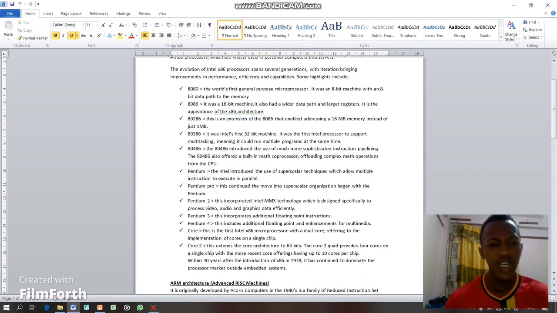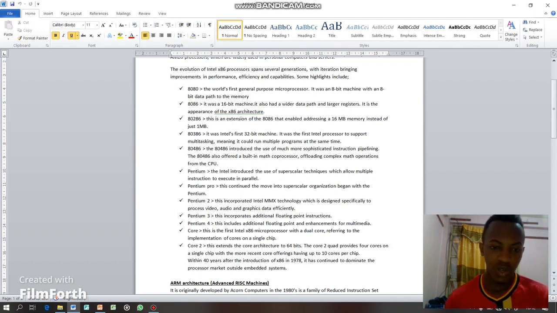With the Pentium 2, it was easier for processors, especially the Intel x86, to process video, audio, and graphics data more efficiently, which enabled computers to run more efficiently.